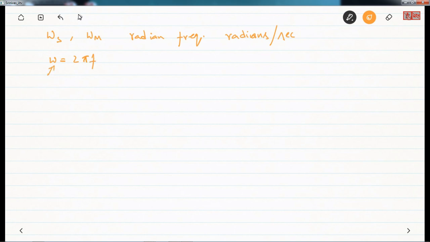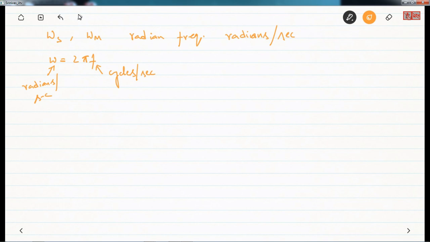This is in radians per second, and this is cycles per second. If you express an exponential signal as a phasor, it has angular frequency, and this is how many rotations per second.